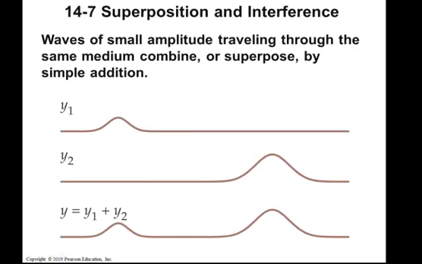Superposition and interference. Waves travel through mediums, and when they get together, they add together. So if I have one wave that's traveling here, and I have another wave here, then they can share that same medium. In other words, one person sends it from this end, one sends it from this way.